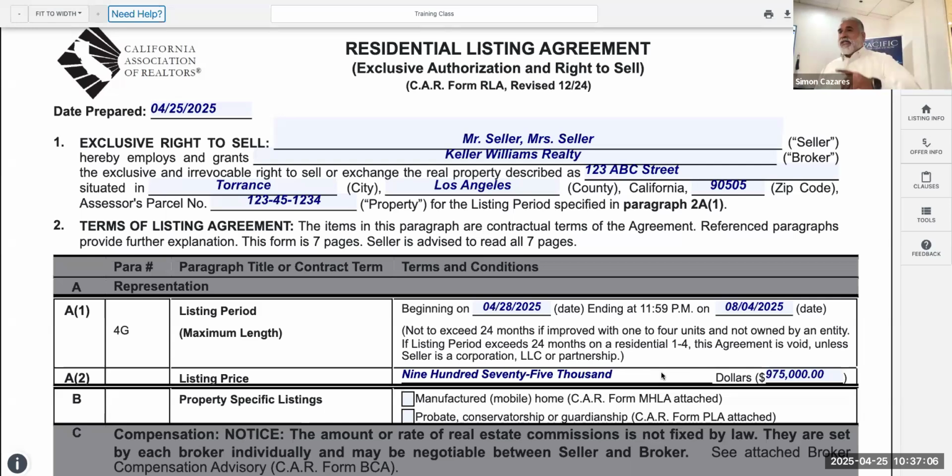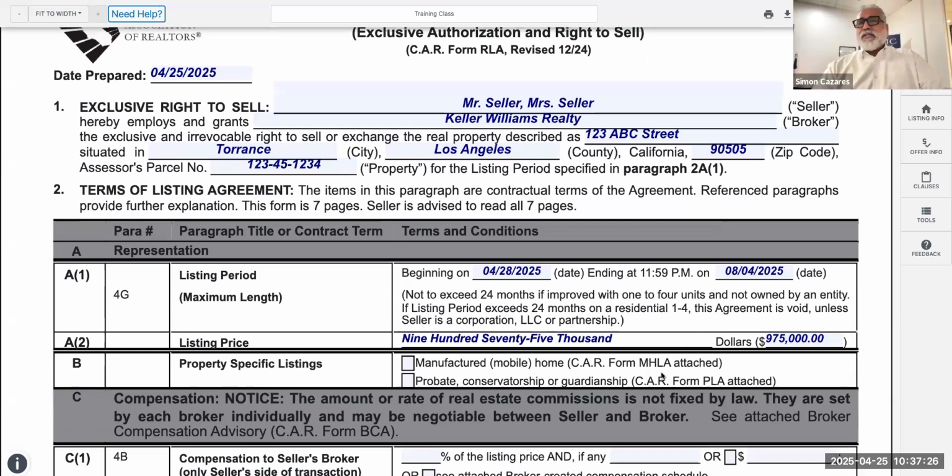This is why all of the changes happened last year. So there's nothing on this listing agreement that's going to talk about paying a buyer agent. And we'll have a discussion later on in how you maneuver those type of questions if the seller is asking you those questions.